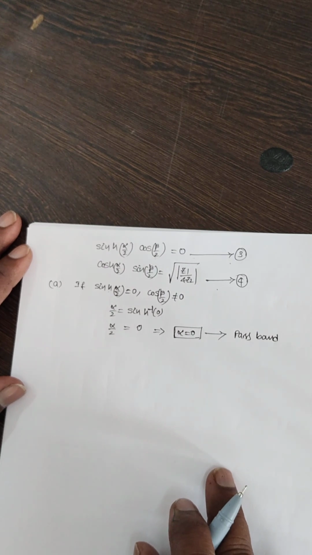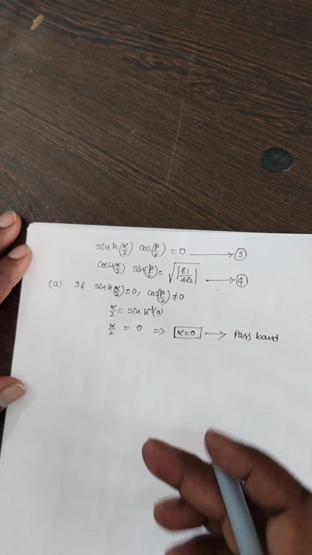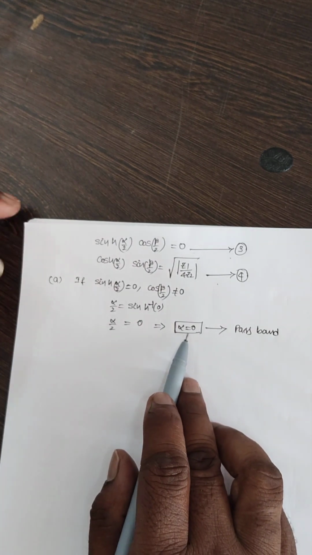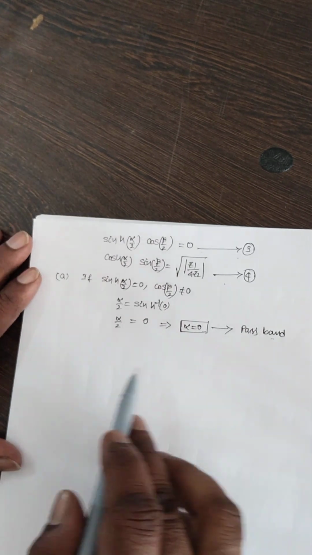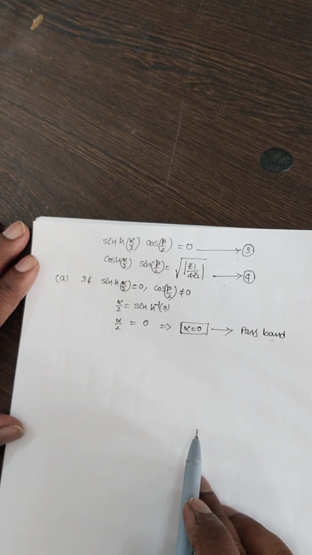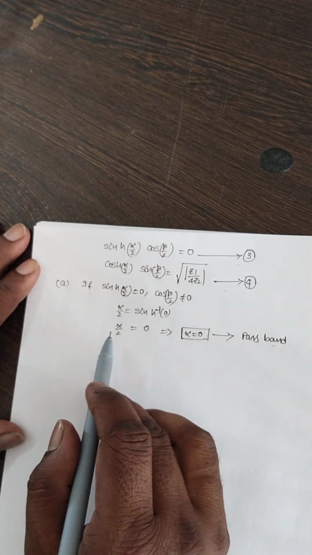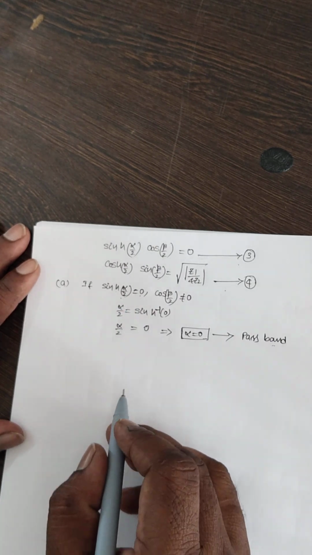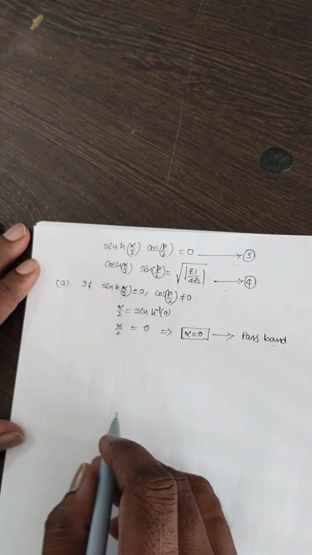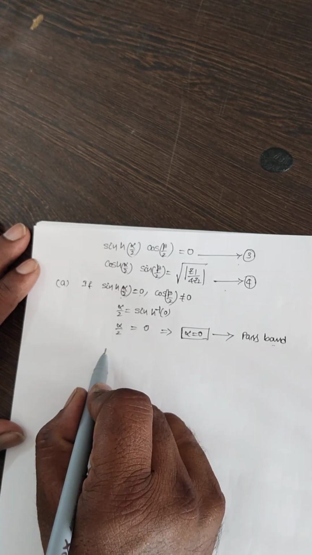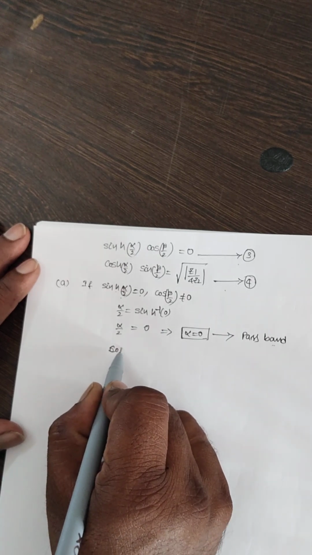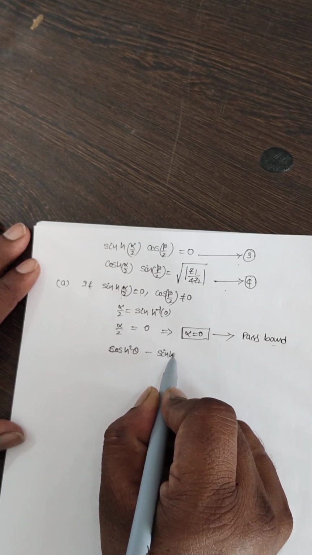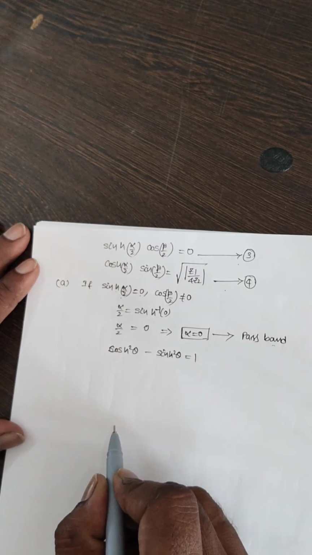I need to find the β whenever α is equal to 0. I will expand here so you can understand. In the pass band, what is the expression for β? sinh(α/2) is equal to 0. We know that cosh²θ minus sinh²θ is equal to 1.